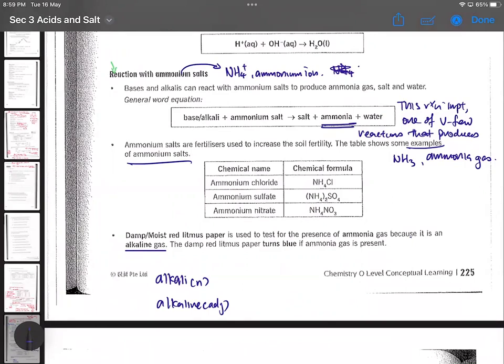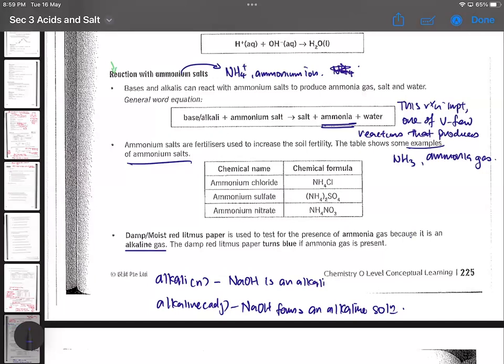No, that's an adjective. So you can say sodium hydroxide is an alkali, or sodium hydroxide forms an alkaline solution. See, that's the main difference. Do not cross over alkali and alkaline. They are not the same. It's quite straightforward, but somehow I still get the mix up between these two.